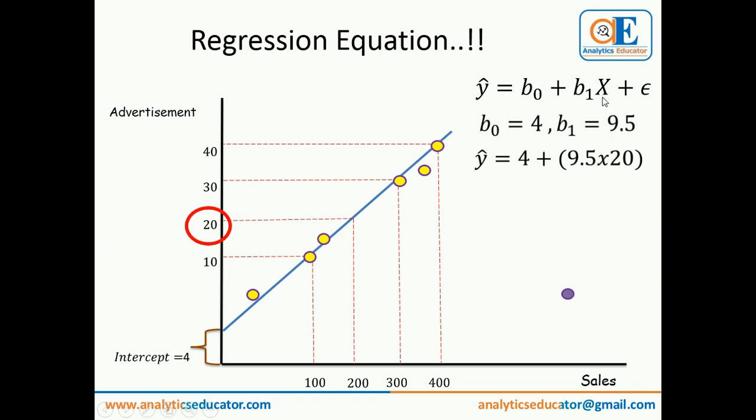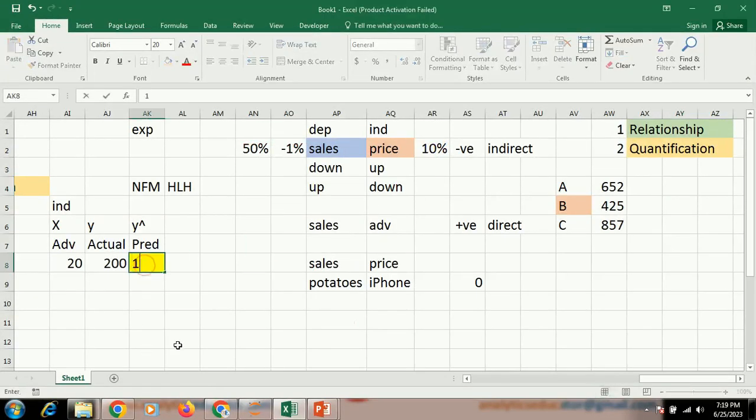With per unit of advertisement you are going to have 9.5 units of sales. So your predicted sales, if you solve this equation, 9.5 into 20 plus 4, will be 194. All right, which is called y hat, which is 194.